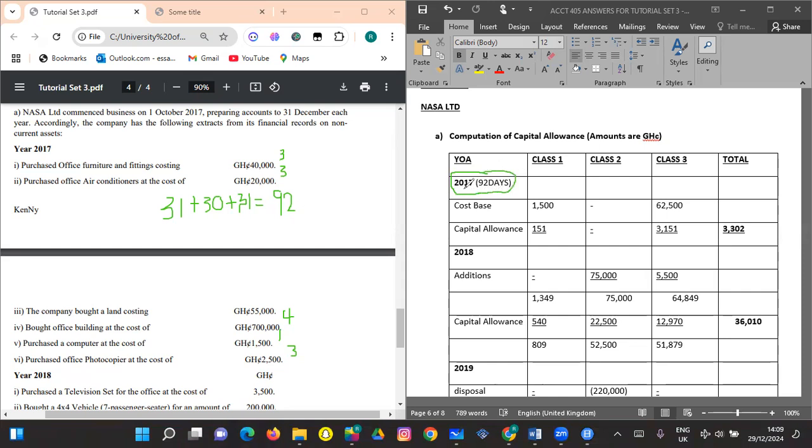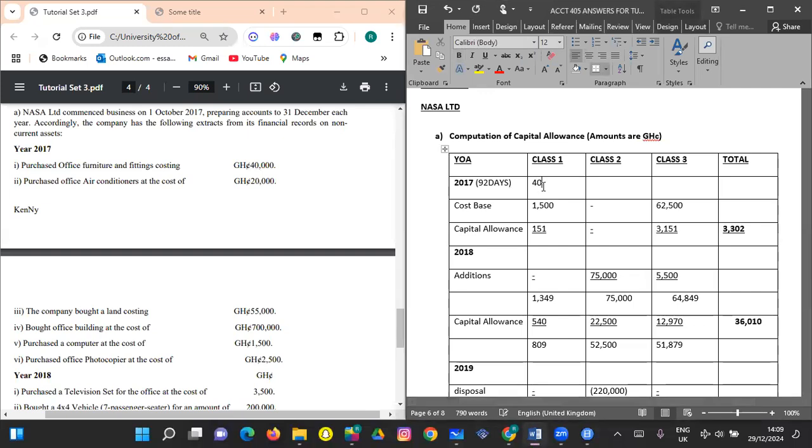So that's basically it. We apply our capital allowance: 40% on this, 30%, 20%, right?